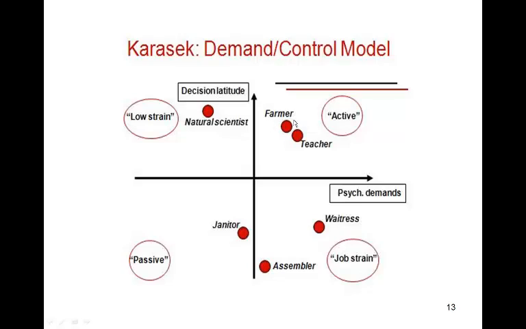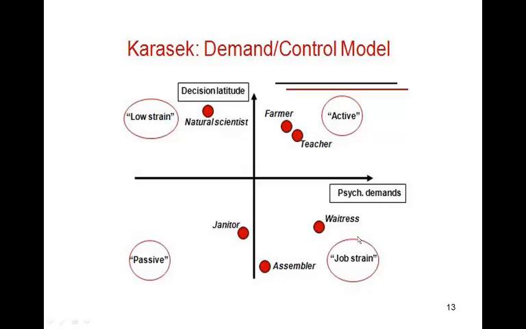The farmer here, I think, refers to much more the idea of an independent farmer-owned farm rather than the downtrodden farm worker, but gives you some sense of the kinds of occupations that are arrayed along these two dimensions. So down here in this quadrant is the high demand and low control quadrant.